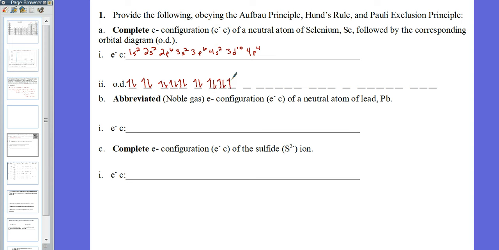So you see now I'm filling up the second. This right here is 2p, this is 3p. Now I'm at 4s, so this is a 4s. And then 3d, I got to fill all of them up.